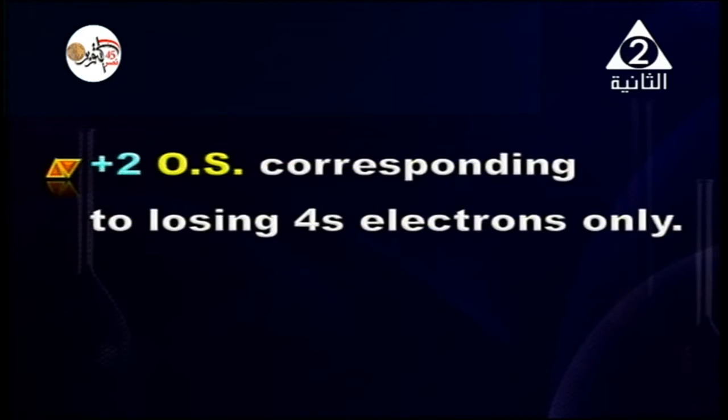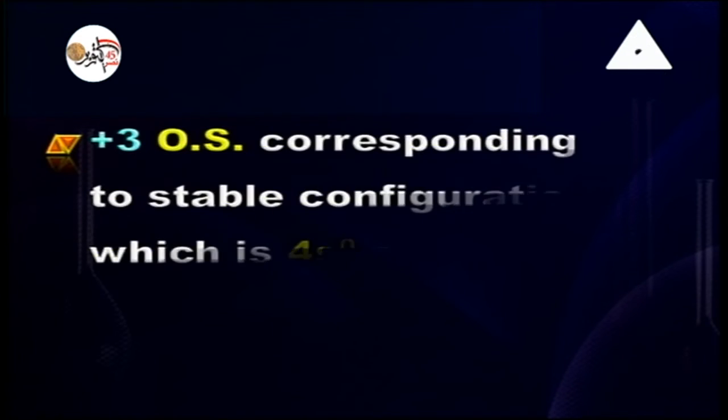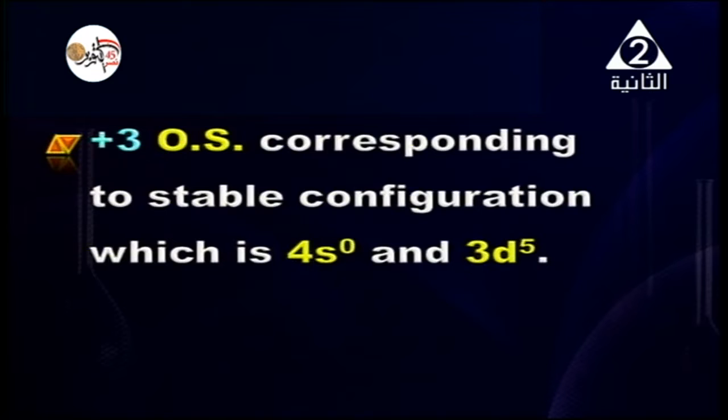So we have two oxidation states in iron reactions: the +2 oxidation state, which corresponds to losing 4s electrons only, and the +3 oxidation state, corresponding to the stable configuration 4s0, meaning no electrons in the 4s sublevel, and 3d5 electrons.